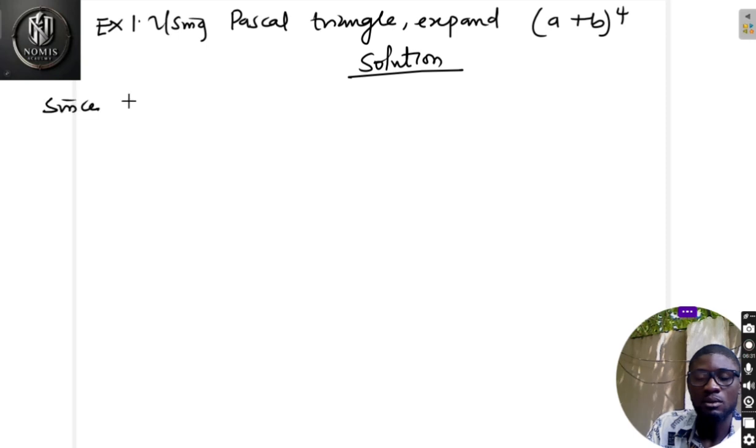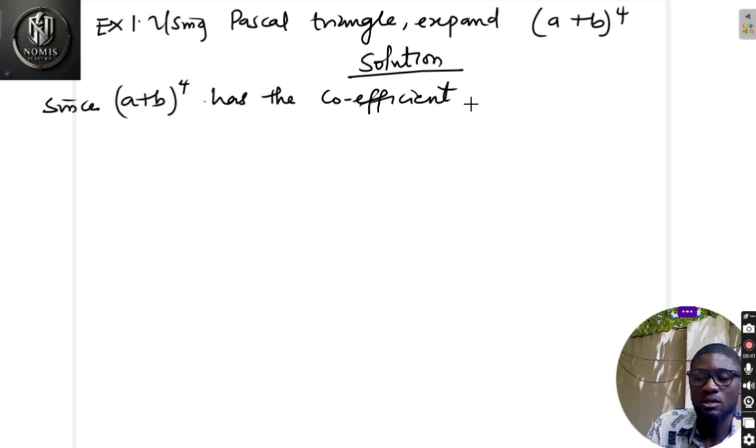Since it is a plus b raised to the power of 4, Pascal triangle gives us the coefficients. What Pascal did was to bring out the coefficients. So the coefficients are 1, 4, 6, 4, and 1.